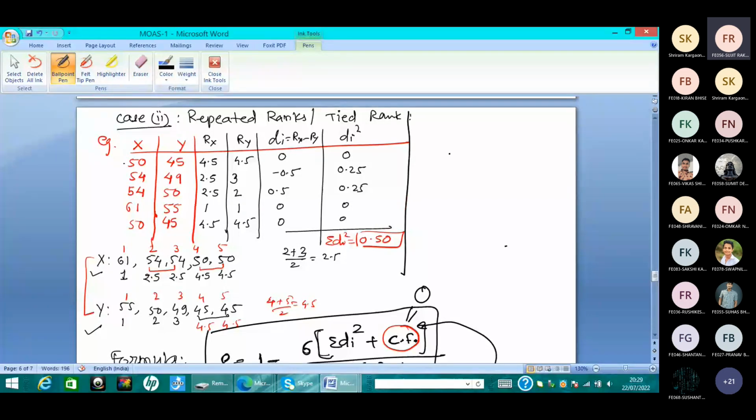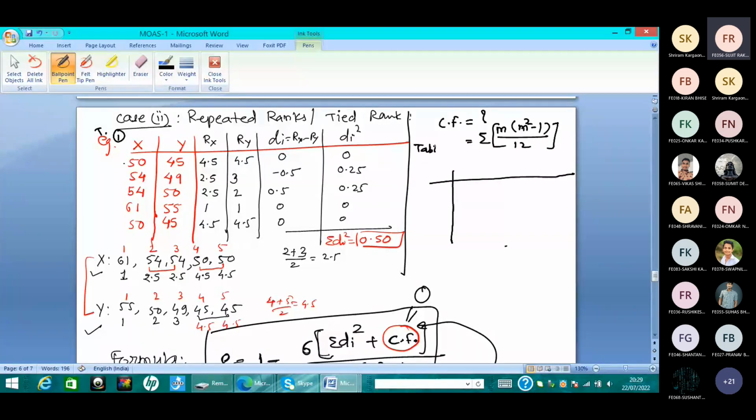Now I want this correction factor. What is the formula? Summation m into m square minus 1 upon 12. This is the table number 2, suppose I call it table 1, so this is table 2.